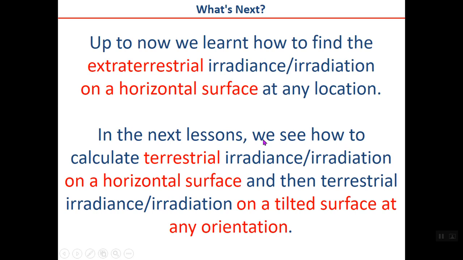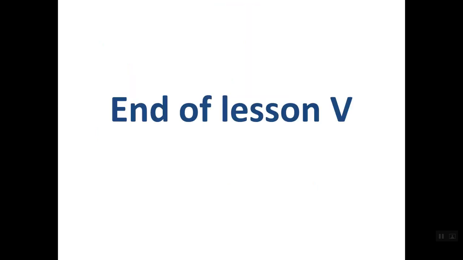In the next lessons, we will see how to calculate terrestrial, or real, irradiance or irradiation on a horizontal surface, and then terrestrial irradiance or irradiation on a tilted surface at any orientation. This will be the target for the next 2-3 sessions.